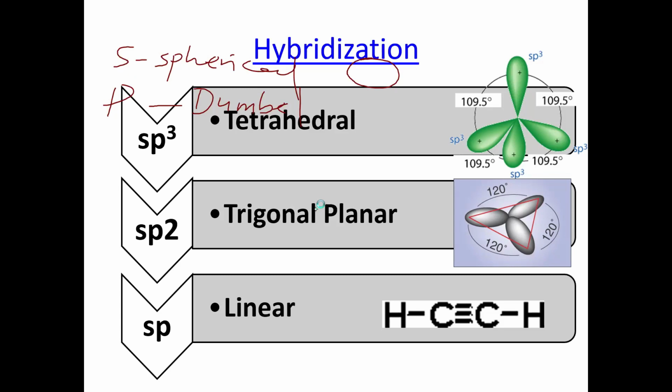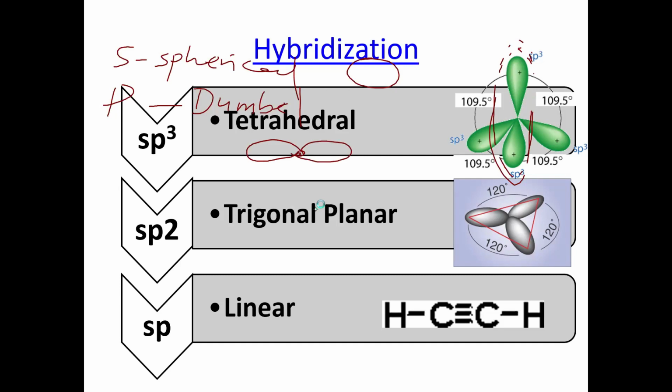When we say something is dumbbell, this structure you are seeing here is dumbbell. Or I can actually draw it again. It is something like this. This is what we call a dumbbell shape.